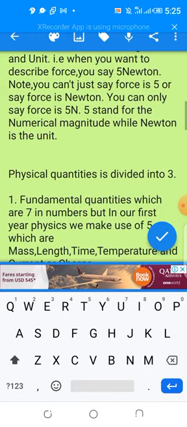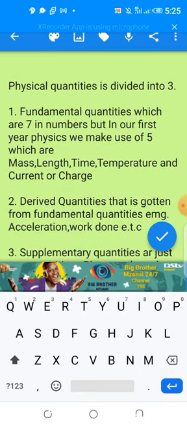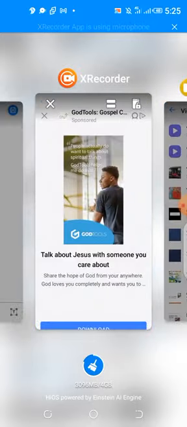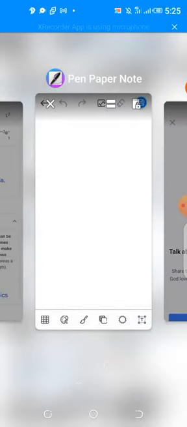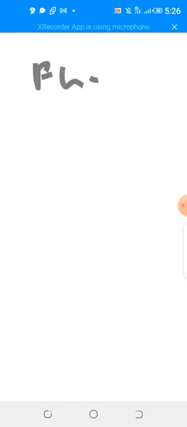Now, physical quantities can be divided into three. One, fundamental quantities. Two, derived quantities. And the third one is supplementary quantities.